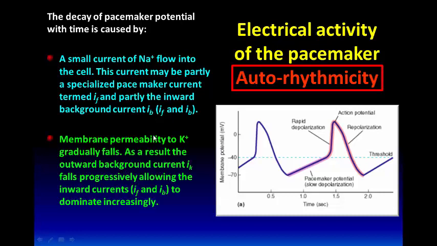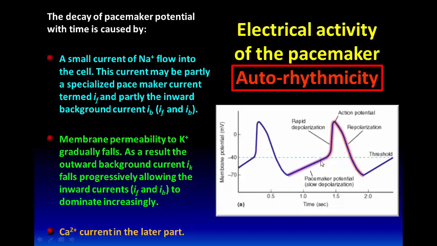The decay is also because the permeability of the membrane to potassium gradually falls, and as a result the outward background current of potassium, because potassium diffuses out, falls progressively, allowing the inward currents of sodium, the IF and the IB, to dominate increasingly, and hence the voltage across the membrane becomes less and less negative.